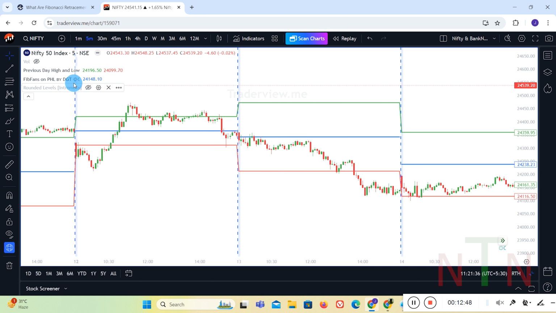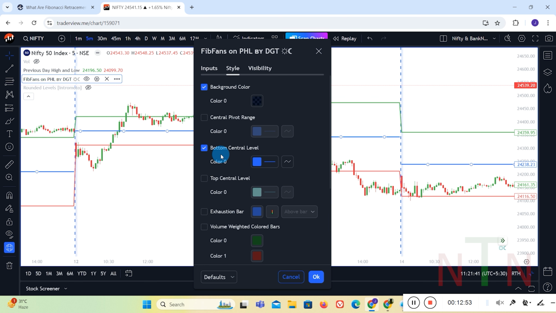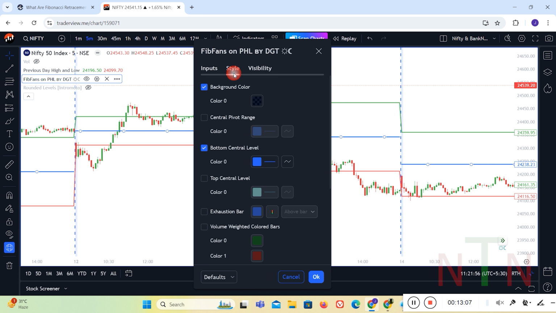The style is bottom, center level, which is 50 percent, and the rest you can disable. If I put top level and center level, you can see I'm getting those 0.382 and 0.618 levels also. I don't want that, so I want only this level.